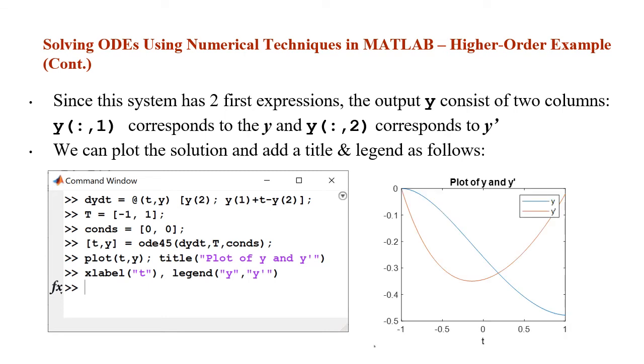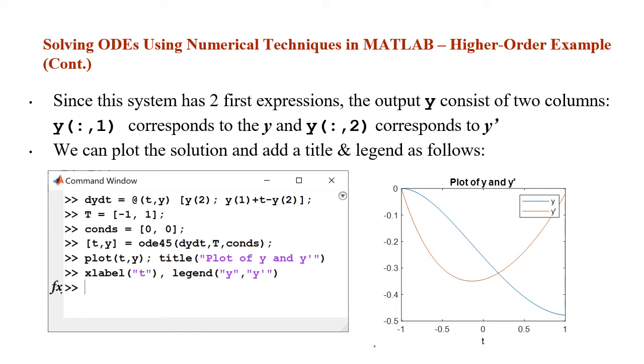There's no need to use the hold on command now, because y already consists of two columns, and using the function plot(t,y) will plot the two columns in y, but it is our responsibility to add a title and legends along with the x label.